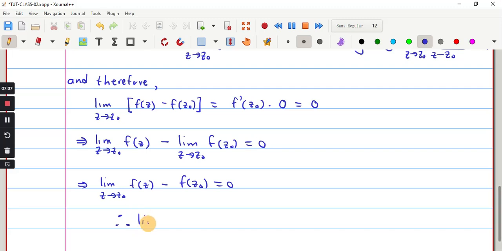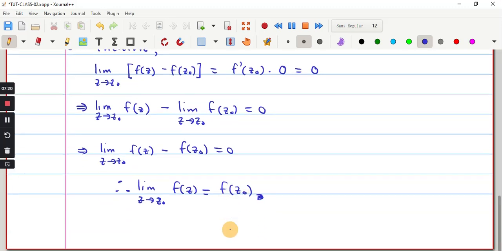Therefore, you have shown that the limit as z approaches z0 of f at z is equal to f at z0. So the function is continuous at z0. We have proved what we are required to prove. Thank you. We are going to meet again in the next video.